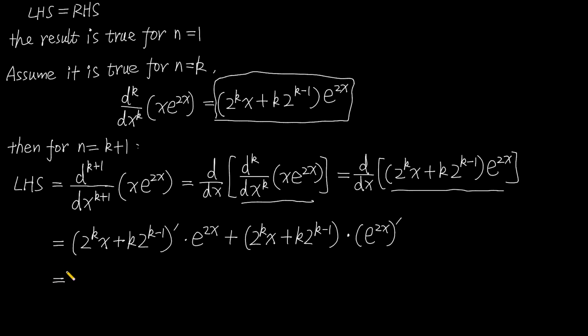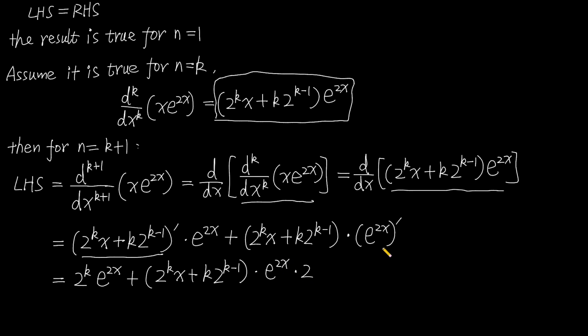Then this equals, the derivative of this guy is 2 to the power of k. Then multiplied by e to the power of 2x plus (2 to the power of k multiplied by x plus k multiplied by 2 to the power of k minus 1) multiplied by e to the power of 2x multiplied by 2.